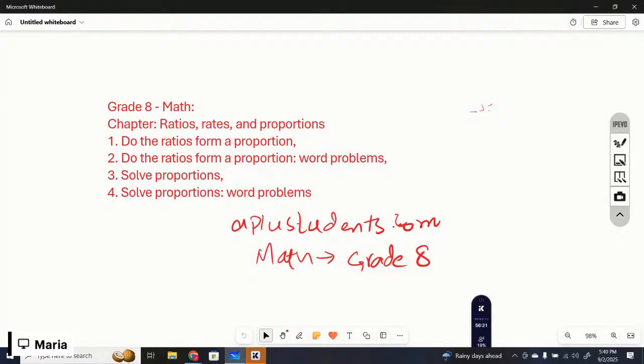Do the ratios form a proportion? Word problems. Solve proportions and solve proportions word problems. So please make sure before the next session you complete all the practice questions for the lessons we just did. That is your homework until the next session.